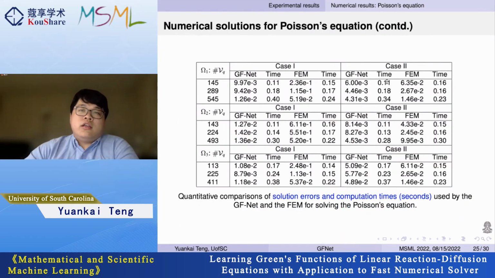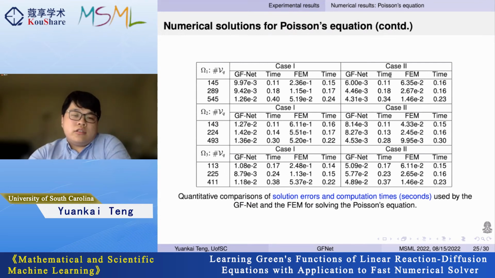So here we also want to demonstrate the accuracy and efficiency of our proposed method as a numerical solver to the target PDE. So we also compare the numerical results of our method to the finite element method, which is implemented by FEniCS.